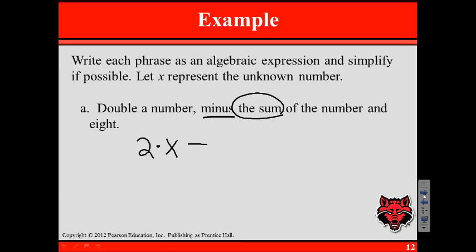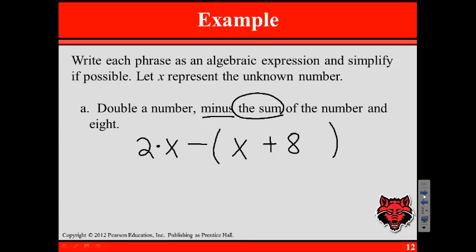So we have an operation, and then we have the phrase the sum. Or we could have an operation and the phrase the difference. Whenever we see that, we need to make sure the second operation, in this case the sum, is put inside parentheses. So double a number, 2 times x, minus the sum, that told us we needed parentheses, of the number and 8. Sum is addition, so we're adding a number and 8.